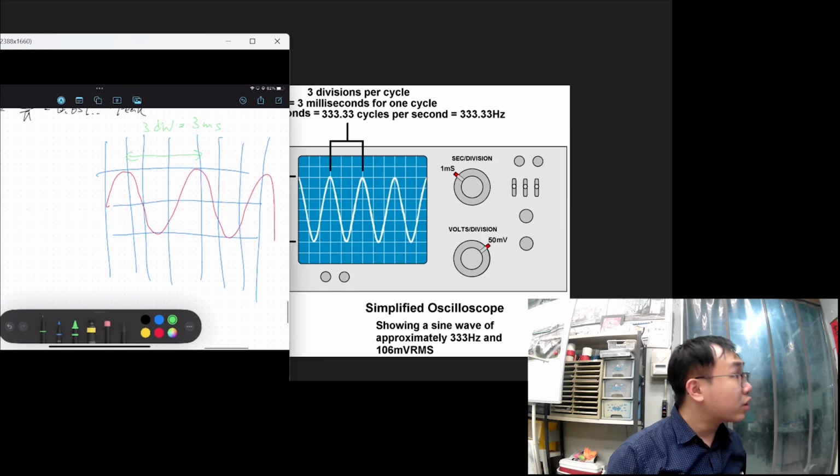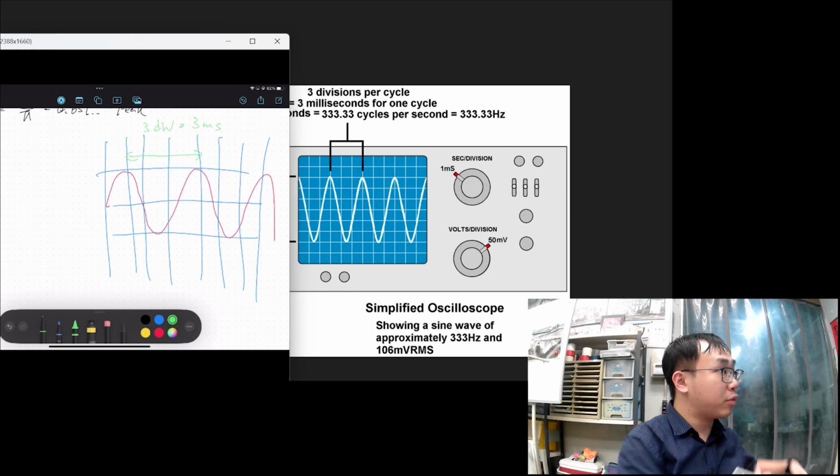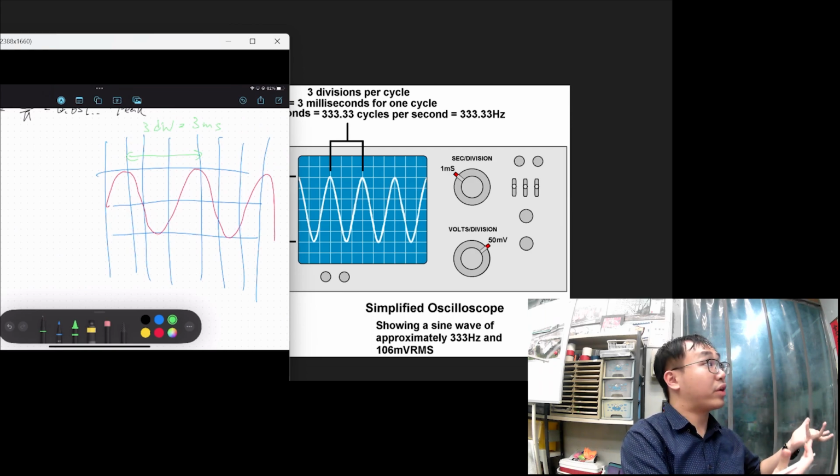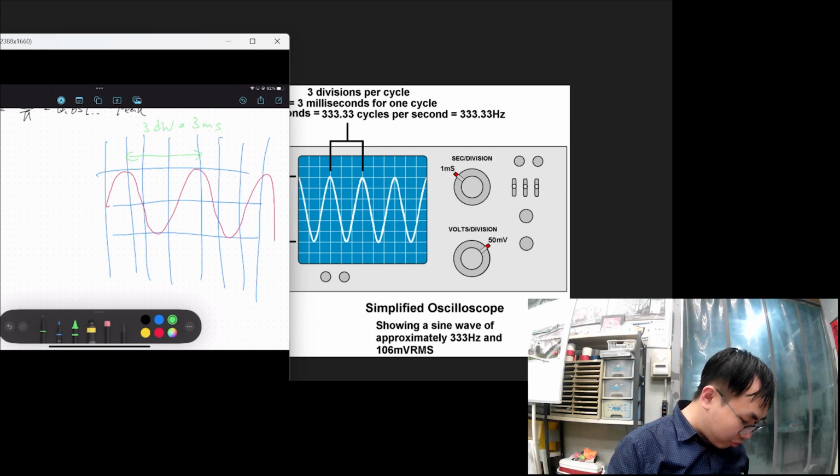So they will ask you, hey, what is the period, time, or frequency of it? So how to calculate the frequency? We know that frequency equals 1 over period, right? Which equals 1 over 3 times 10 to the power of -3, since milli is -3, right?